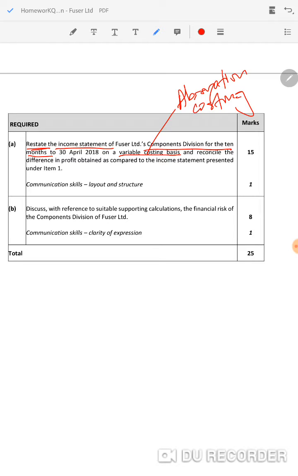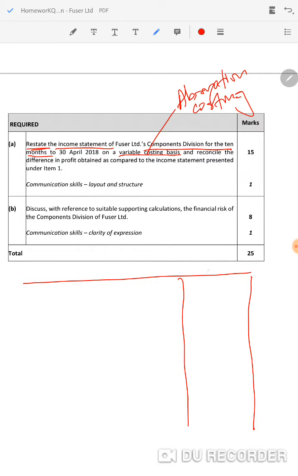From a template perspective, if I'm going to prepare a variable costing statement, this was our expectation. You're going to have your sales, then less variable costs. And this variable cost, I said variable, so it means all variable production and non-production costs.